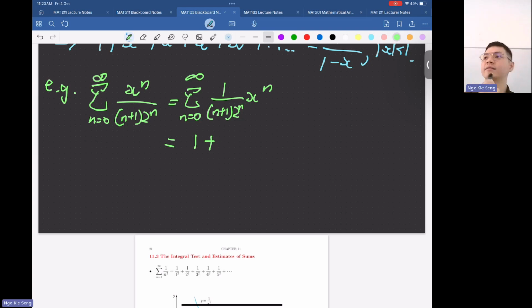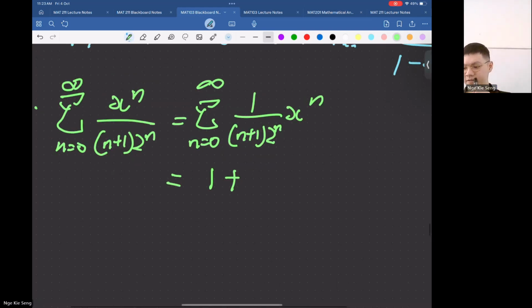You quickly compute it. Maybe we can leave it unmultiplied, so 1 over 2 times x over 2, right?